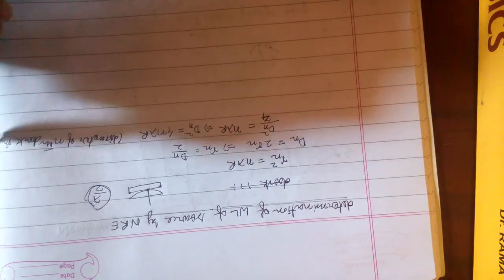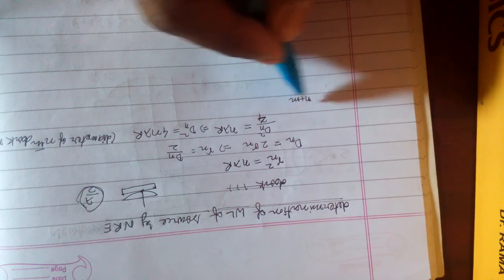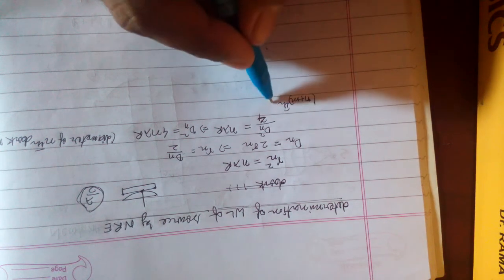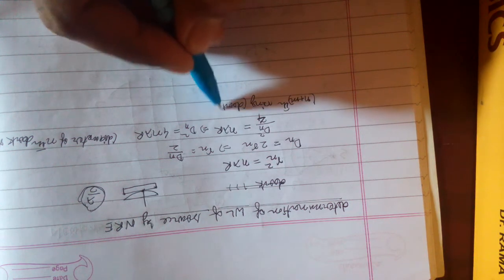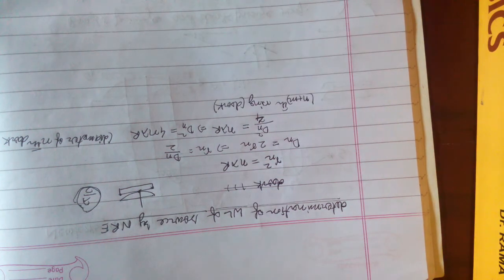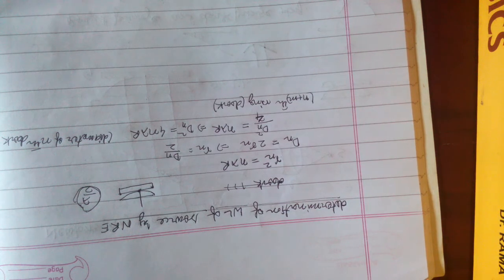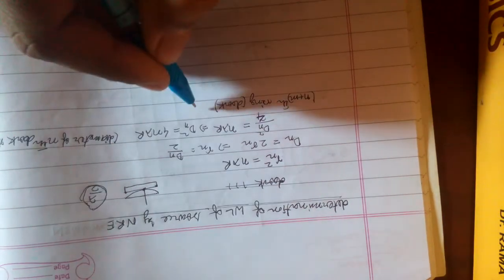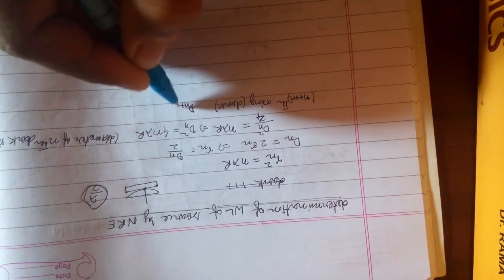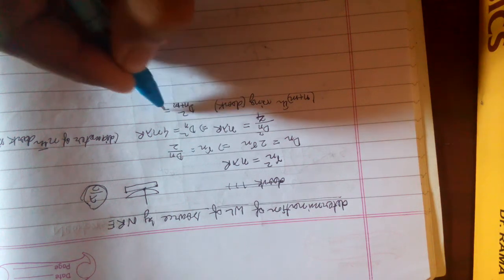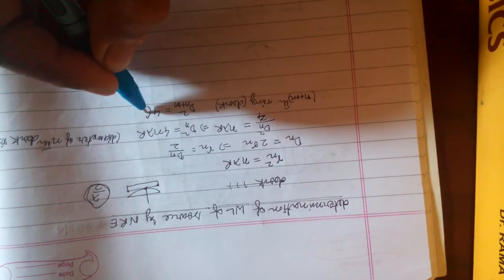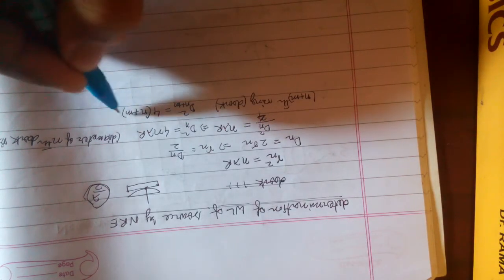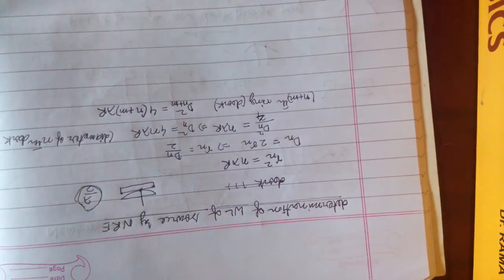Now if we consider the n plus mth dark ring, then the diameter becomes D_(n+m) square is equal to 4, and here in place of n we write n plus m, times lambda R.